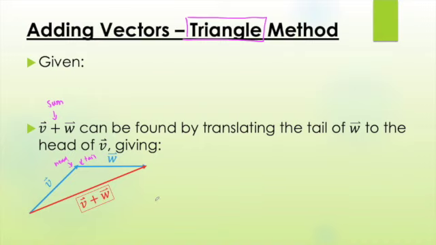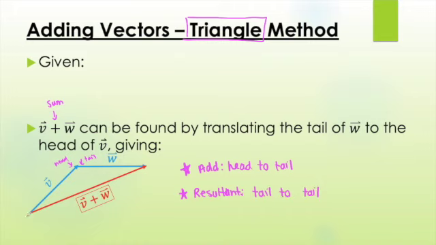Okay, make sure when you add, this is non-negotiable, you have to do this, you're adding head to tail. Okay, your resultant, or the final, so that v plus w, you'll be asked that in your homework, you'll find the resultant vector. Okay, so that's just that v plus w, that's your sum, is going to be tail to tail.